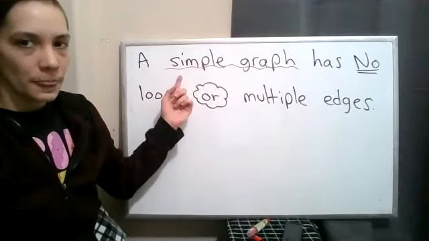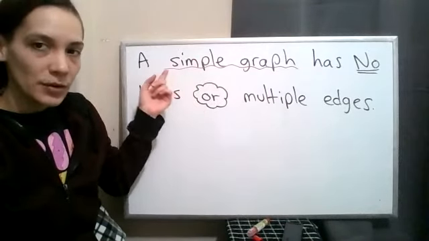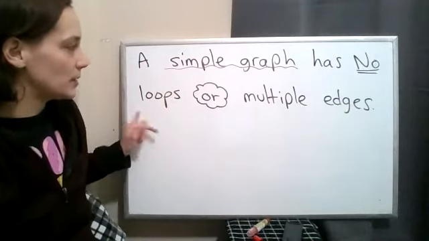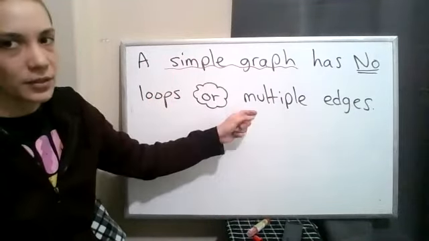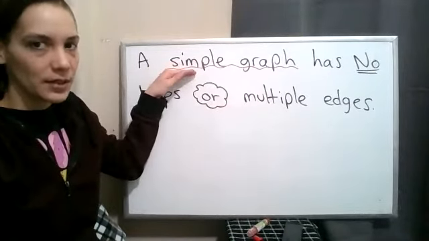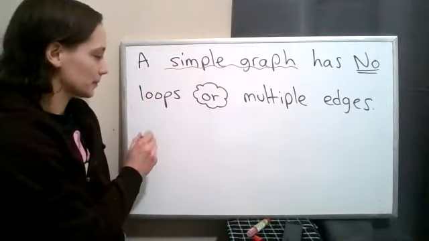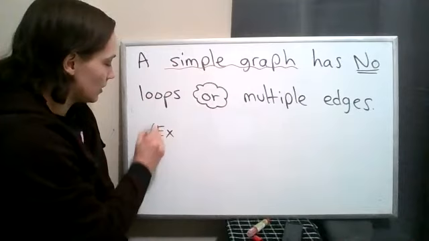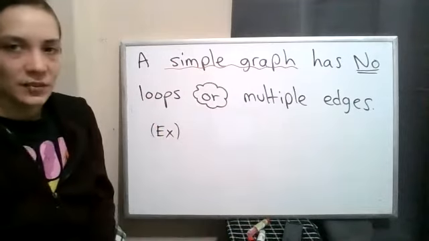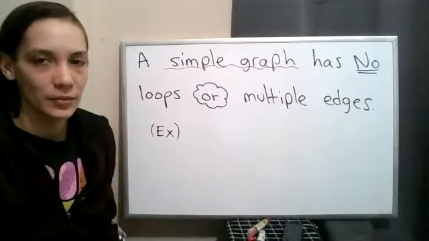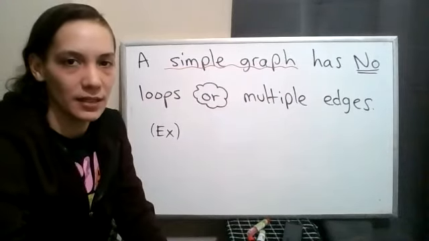The graphs that we will work with are mostly simple graphs, but for practice on some of the problems, we're going to draw some loops and draw some multiple edges. But for the most part, we're not going to have those in our graphs. We're going to do a bunch of examples, and then we'll cover degree, do some more examples. That's our plan.